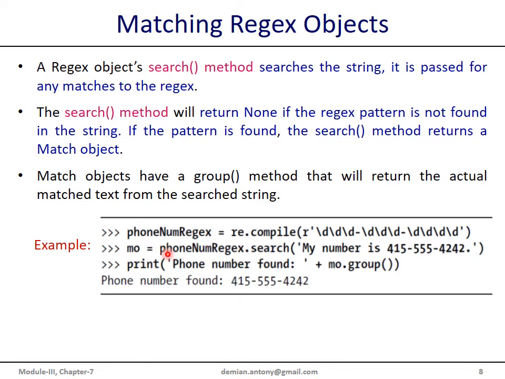You can see here this is a regular expression object, and this is the string wherein we want to search for a substring with the pattern specified in the compile method. And finally we use the group method to extract the matched text from mo. mo is a variable which represents the match object.